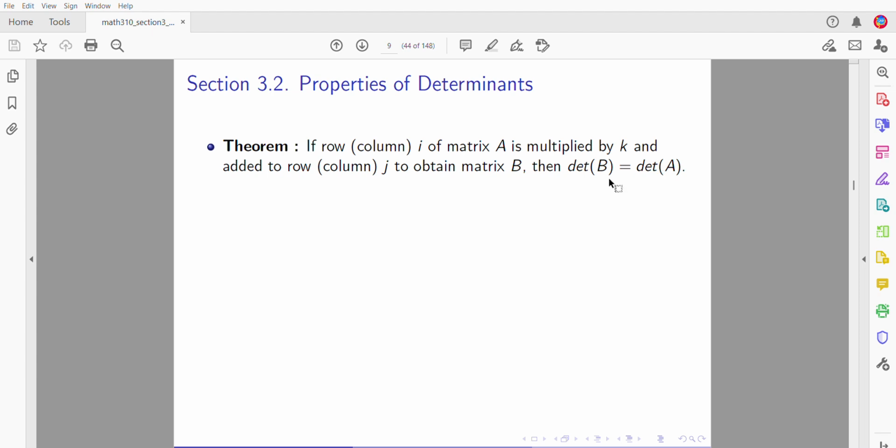The same can be said if column I of matrix A is multiplied by number K and added to column J. So you recognize what we are talking about is elementary row operation. If you do this type 3 row operation on a matrix A, determinant does not change.